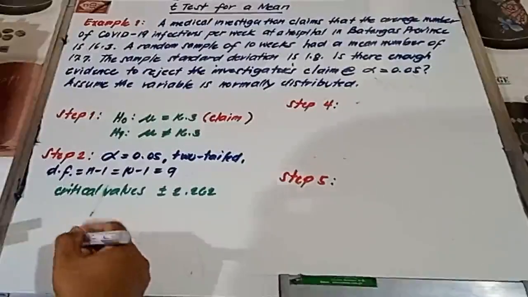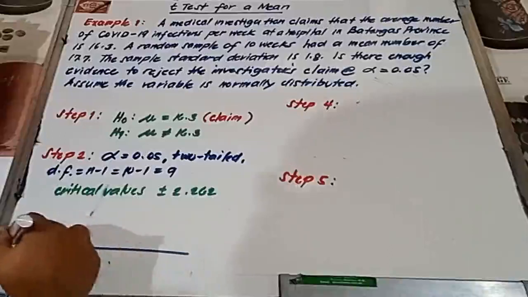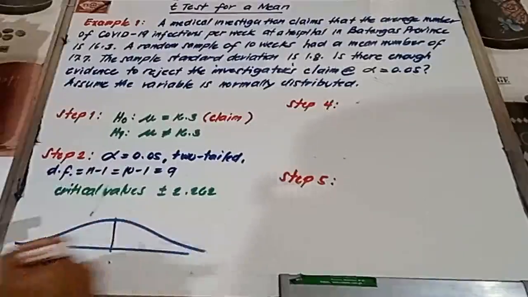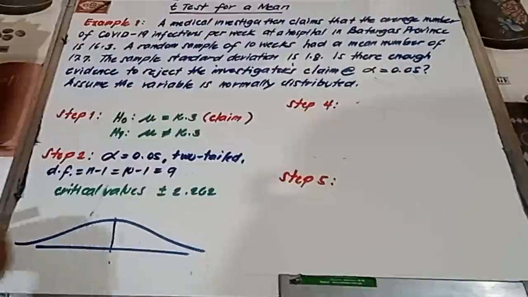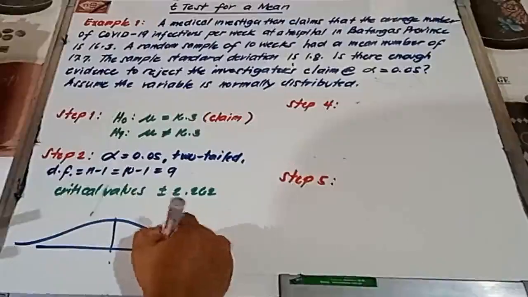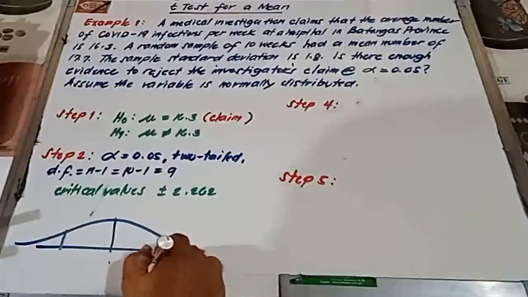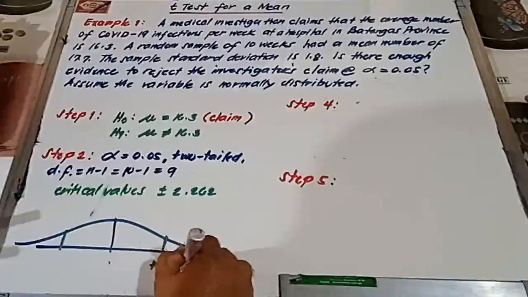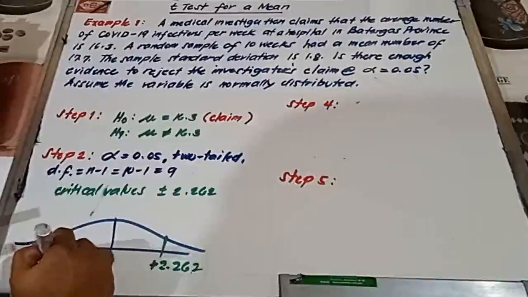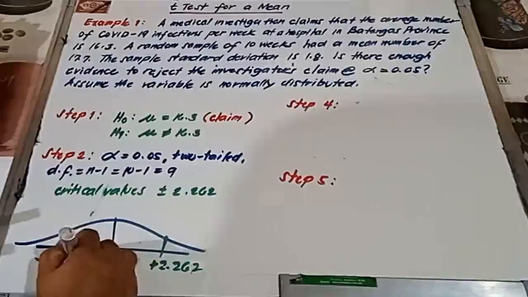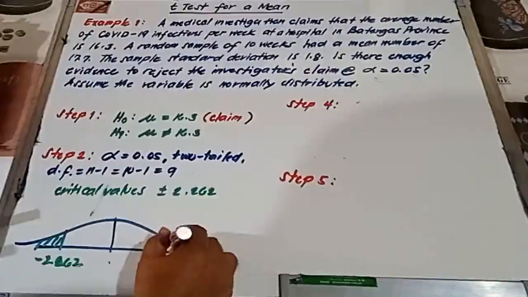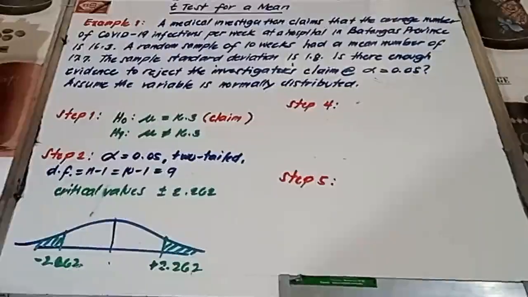Ganito siya. The positive 2.262, the negative 2.262. Okay? Narito yung ating rejection region.